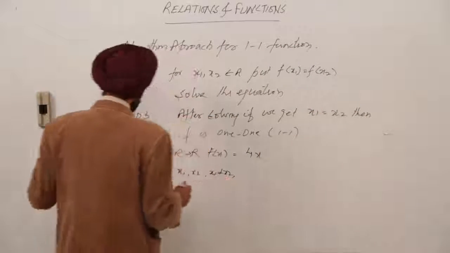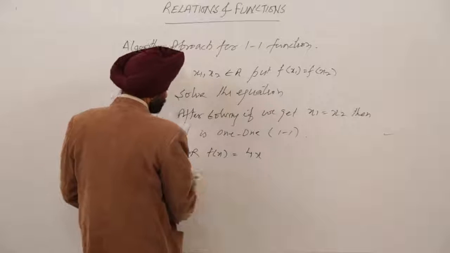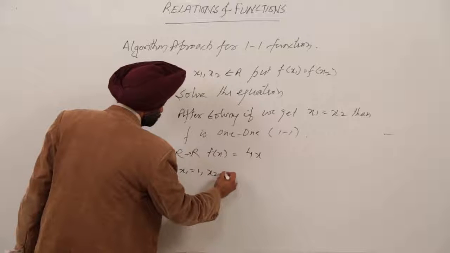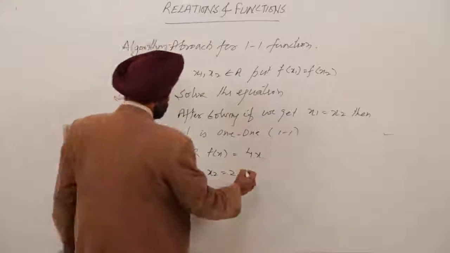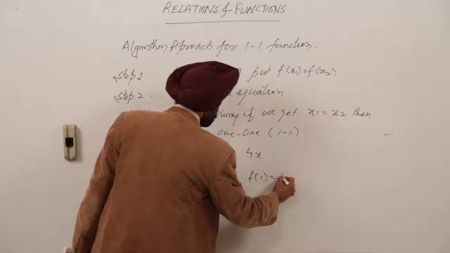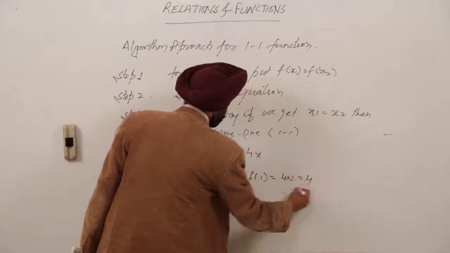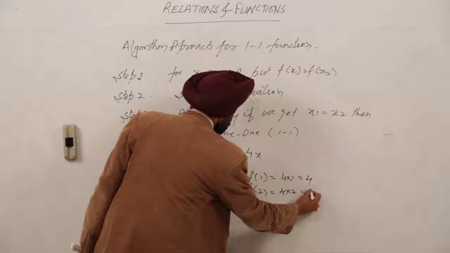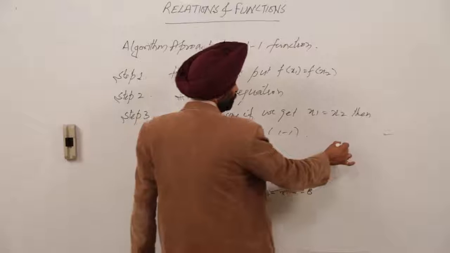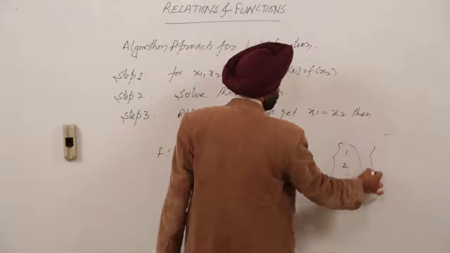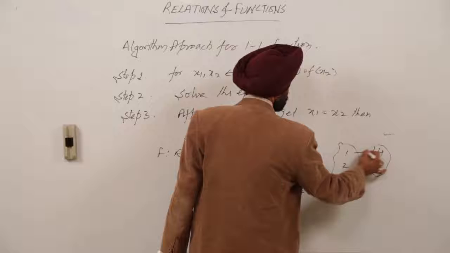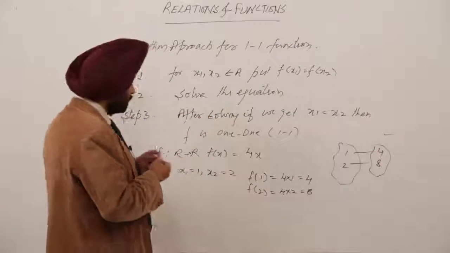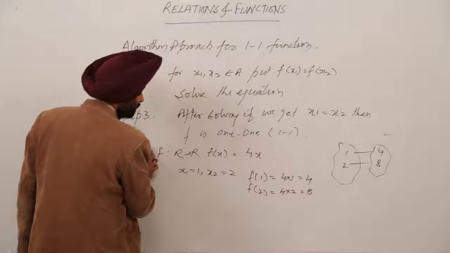Now we are having 4x. Now we have taken x1 is equal to 1 and x2 is equal to 2. Now what is the result? We are having f(1) is equal to 4 times 1, that is 4, and f(2) is equal to 4 times 2, that is 8. So for 1 and 2, if we make a diagram here, 1, 2, the result is 4, 8. So this is a one-one function. So basically this means put x1 and x2 in your question.